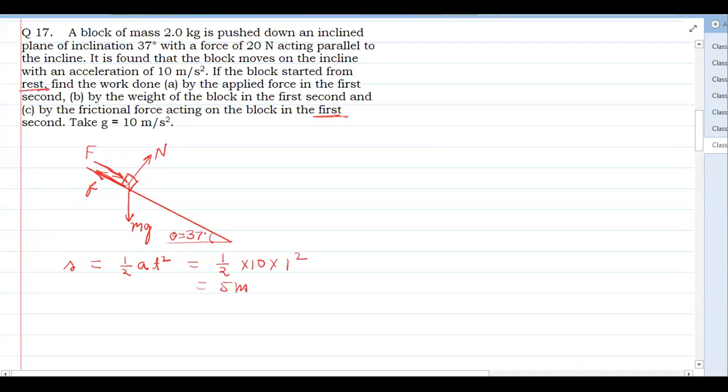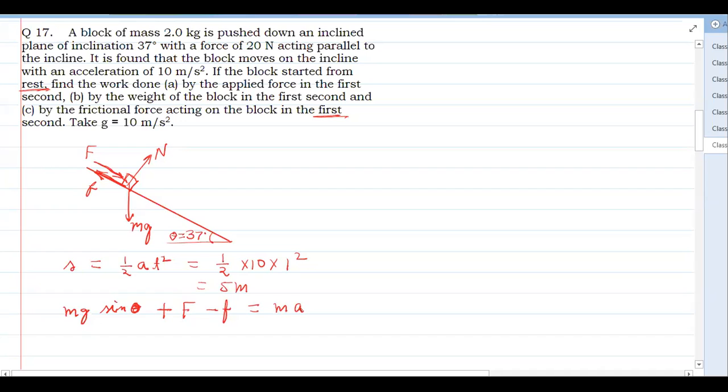Now we will try to find the forces. We know the downward acceleration is a. The mg component downward will be mg sine 37. So mg sine 37 in the downward direction, plus the external force F in the downward direction, minus friction in the upward direction, will be equal to ma.